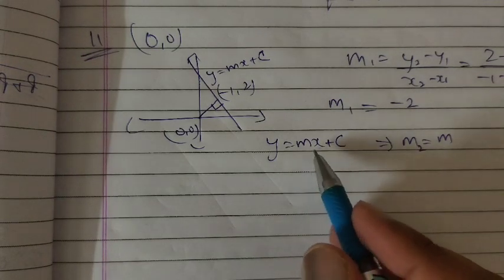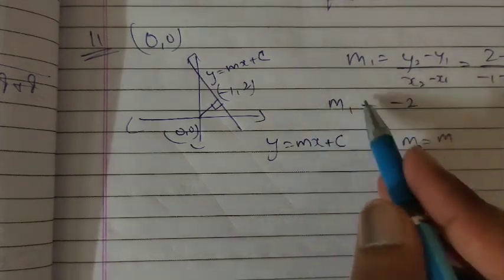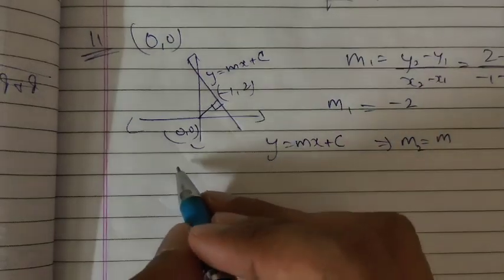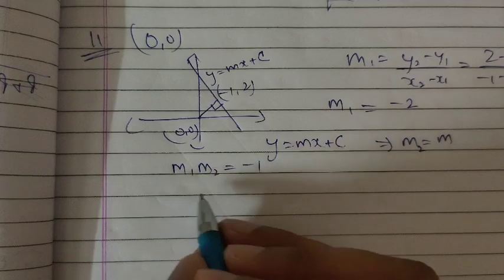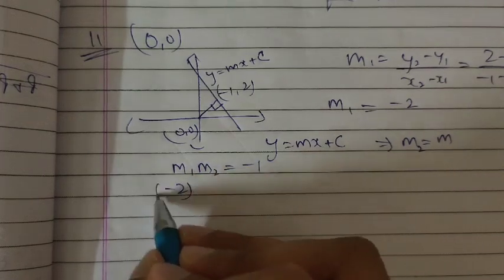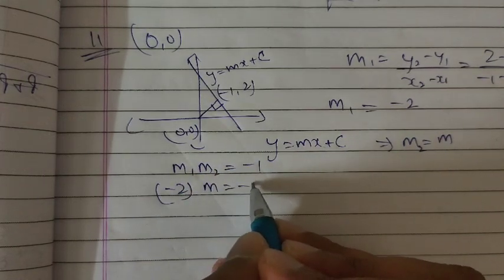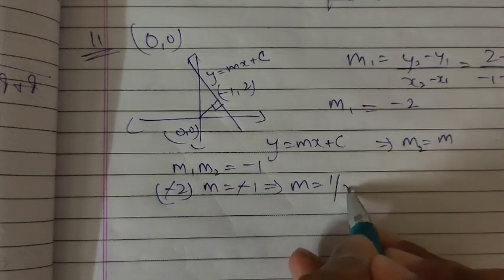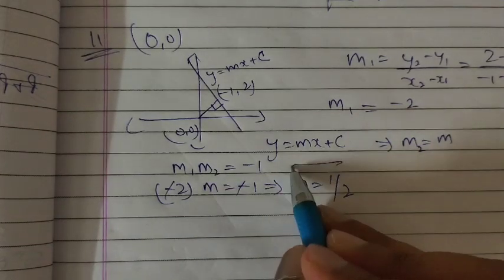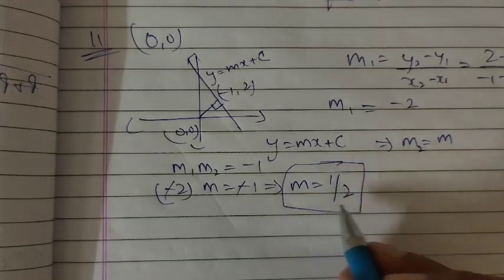Slope of the second line is m and slope of the first line is minus 2. Both lines are perpendicular, so m1 m2 is equal to minus 1. This implies minus 2 times m is equal to minus 1, minus and minus cancel, so m is equal to 1 by 2.